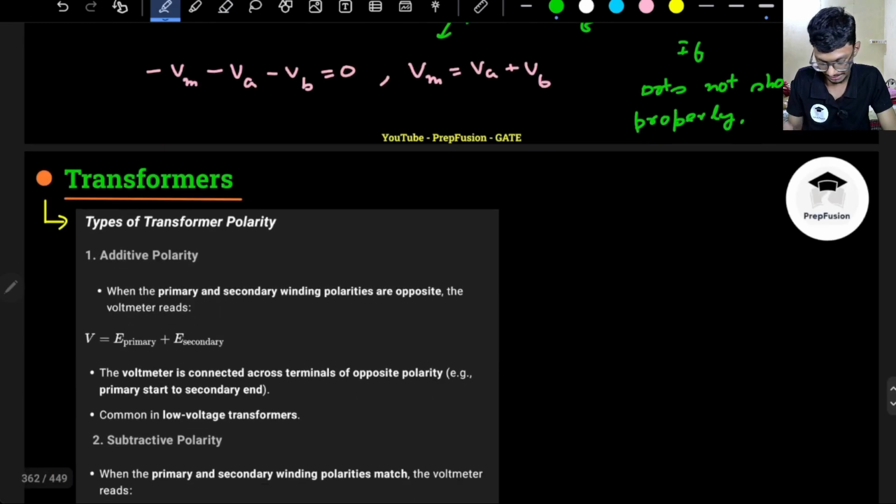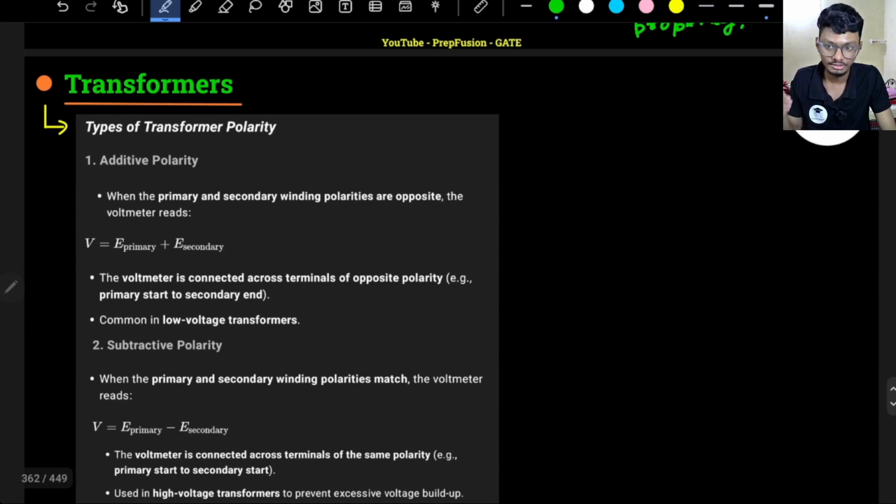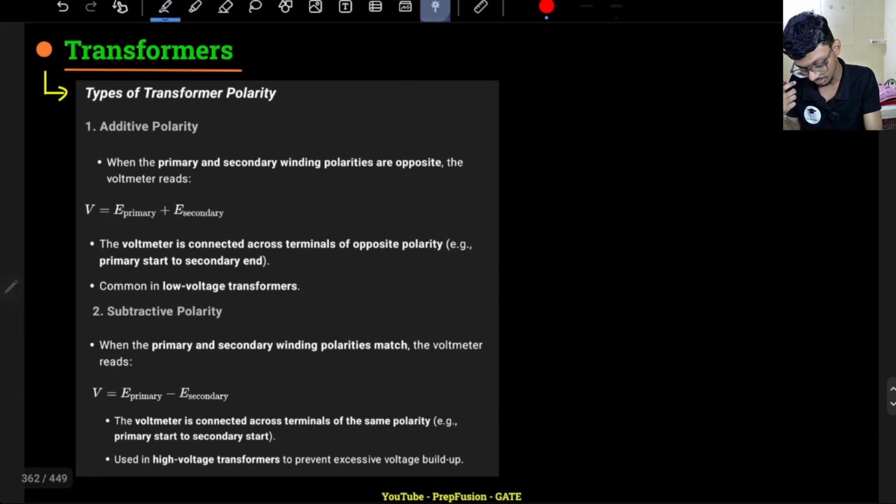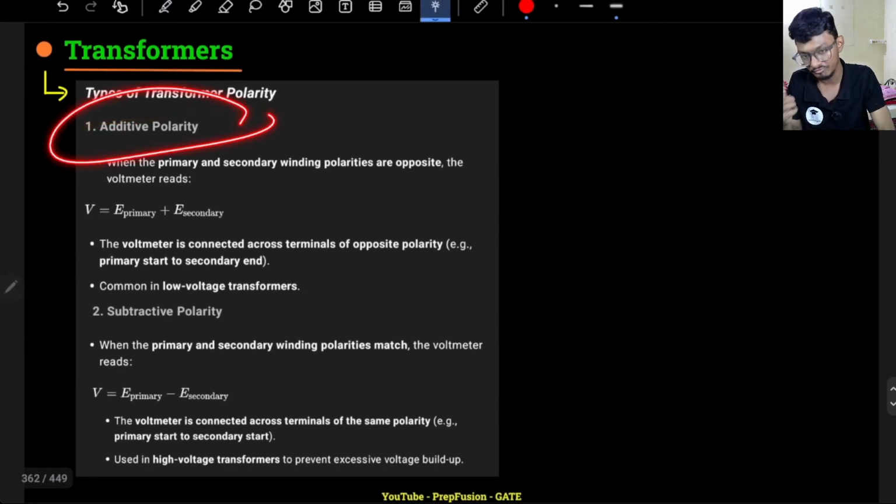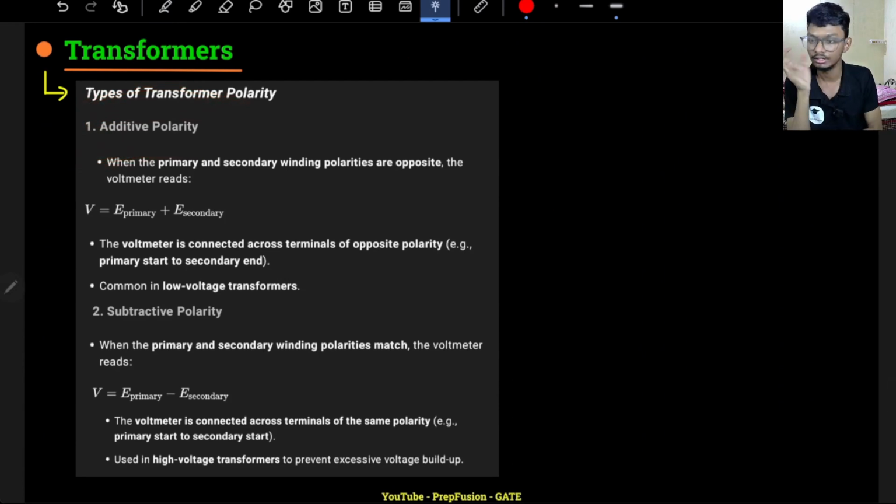That is what is written in the conclusion itself: for the types of transformer polarity, additive polarity means the voltmeter reading will be the addition of both the values if the windings are connected in opposite fashion. If the voltmeter is connected across terminals of opposite polarity, it will read the addition, and if it is properly connected, it will read the subtraction.